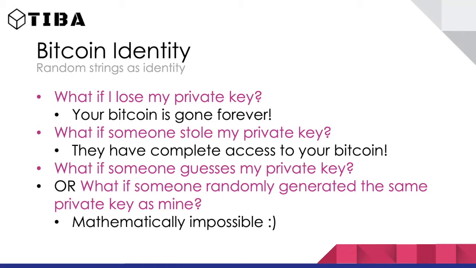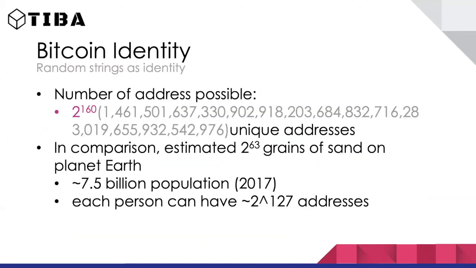So what if someone guesses your private key, or they randomly generated the same private key as you? That is mathematically impossible, just because the amount of possible private keys is so large. And just to give you an idea of how large a number is, the number of addresses possible is 2 to the power of 160.